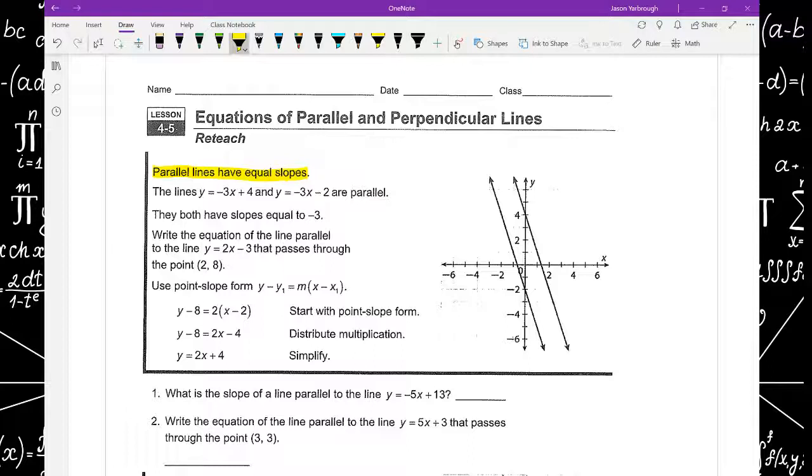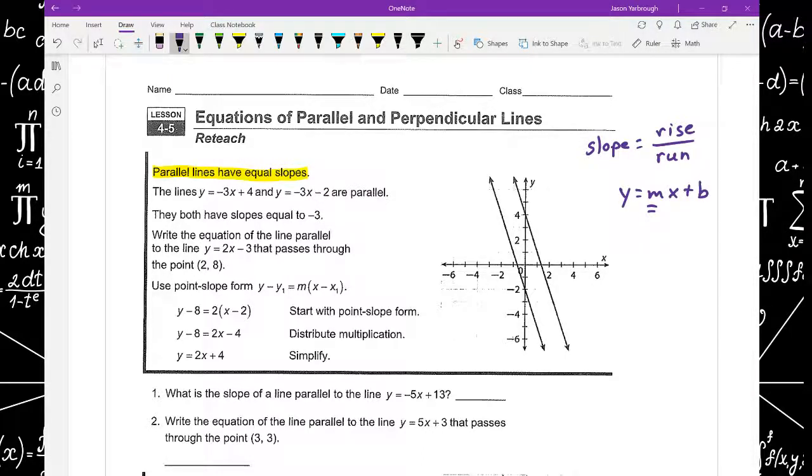If you recall, slopes were normally referred to as rise over run, or however many you go up and down over how much you go left and right. You also saw it in slope-intercept form, where it was y equals mx plus b, where m is the slope.